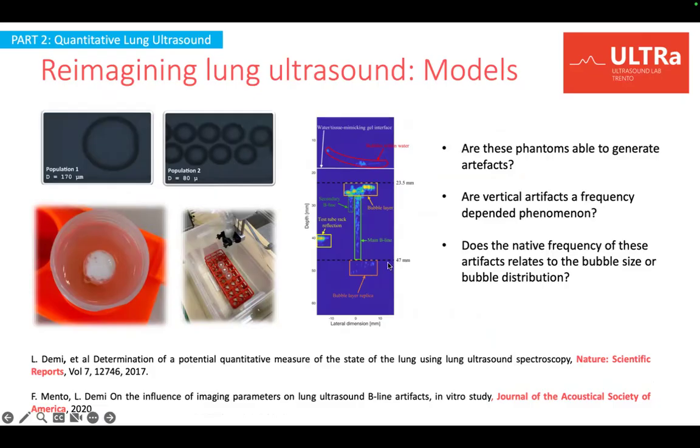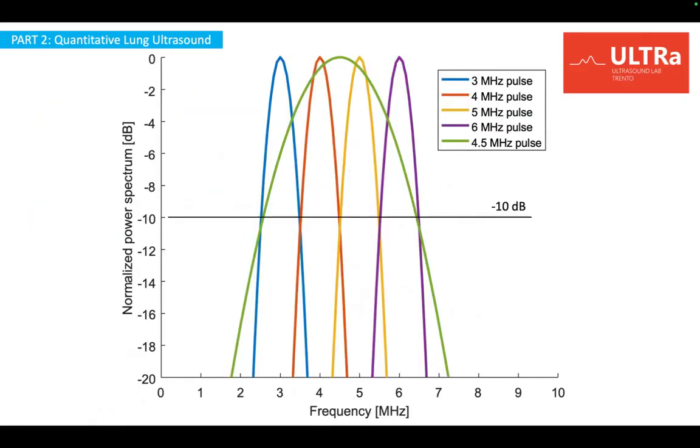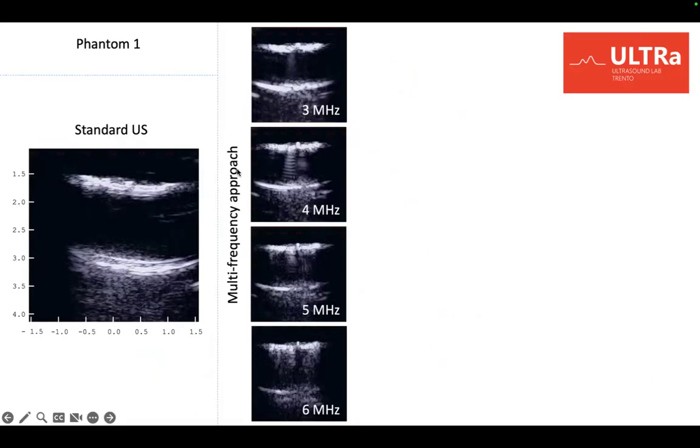We trapped them in tissue mimicking material, creating a sort of cloud, like a small part of the lung. And what we checked with this is that if we use not a standard broadband pulse, but a multi-frequency approach where we are sonifying specific frequencies and generating parallel different images at different frequencies, we check these phantoms.